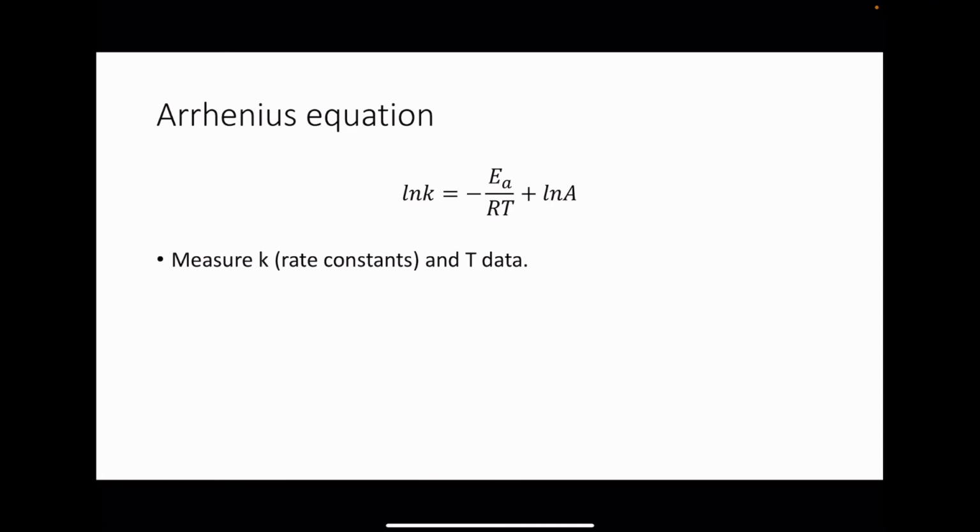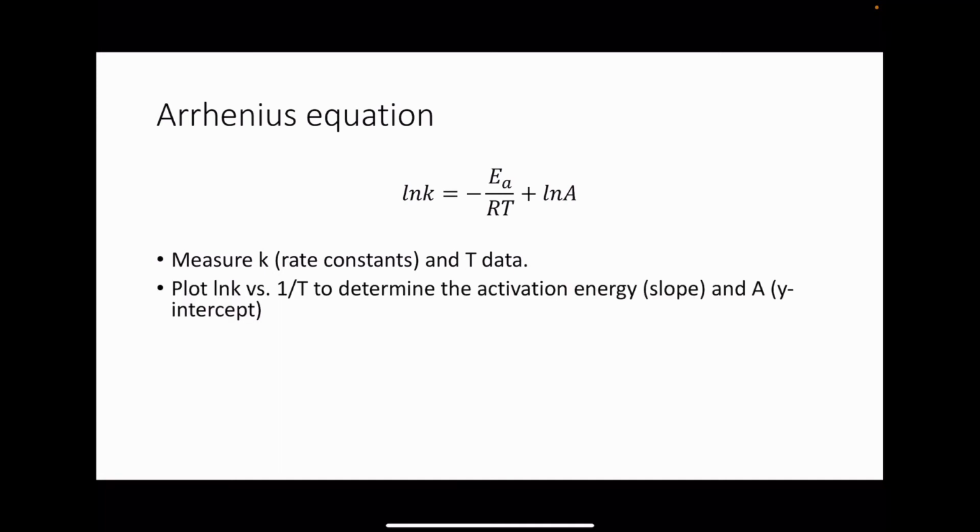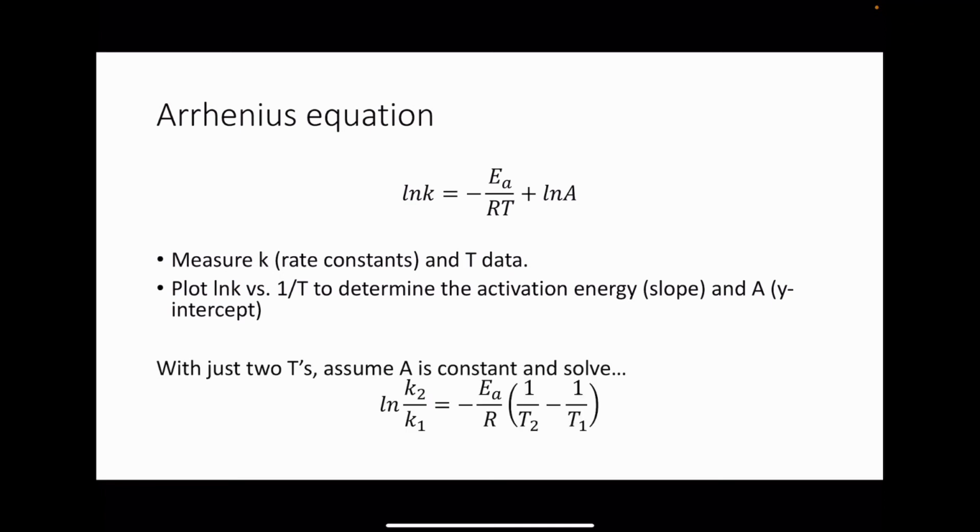The way to determine an activation energy, which is the key to the temperature dependence of a reaction, is to measure a bunch of rate constants versus temperature. If we plot the natural log of k versus 1 over T, the slope contains the activation energy and the y-intercept contains the frequency factor.